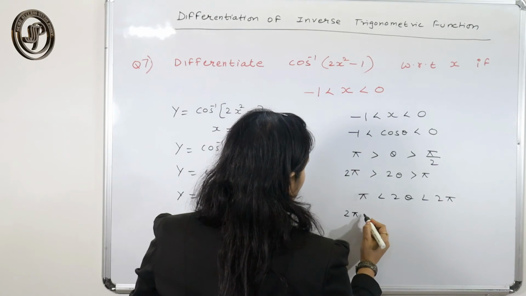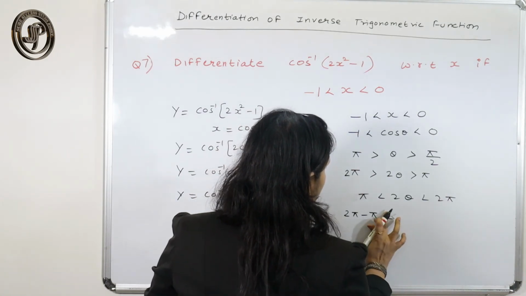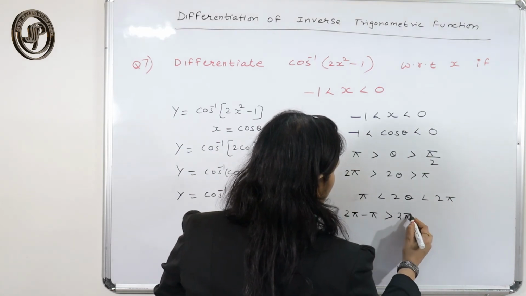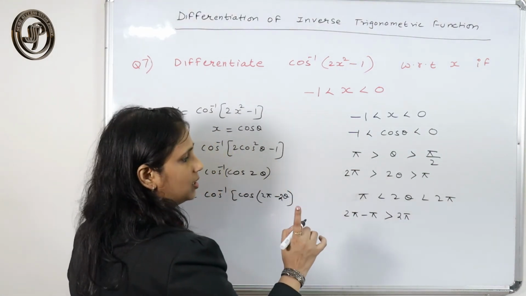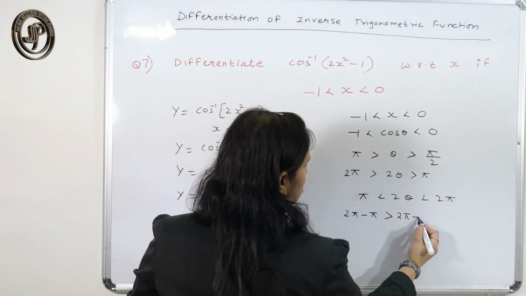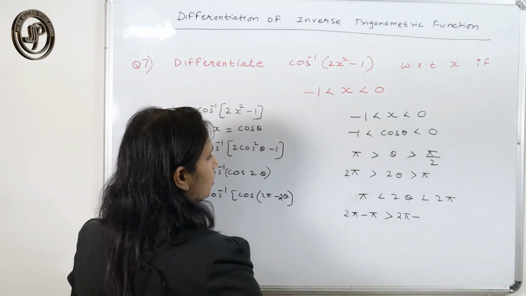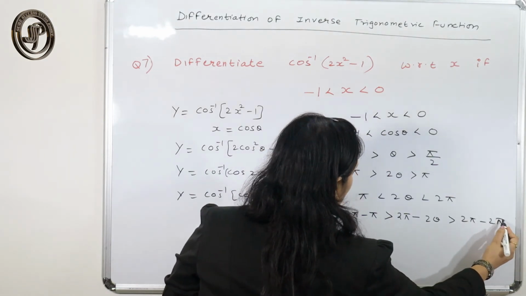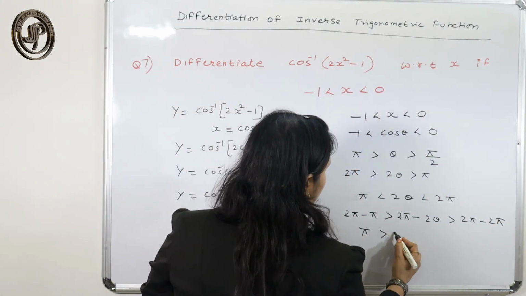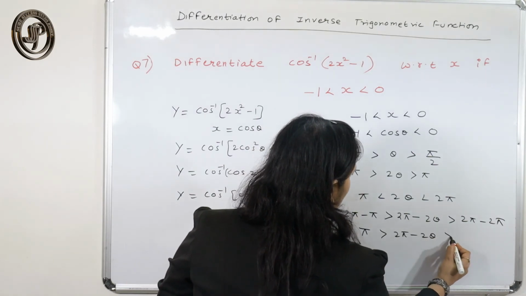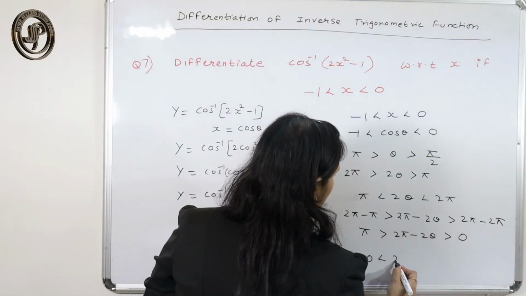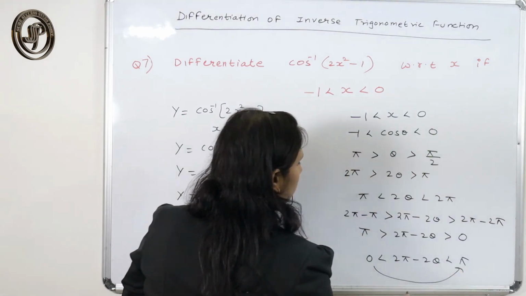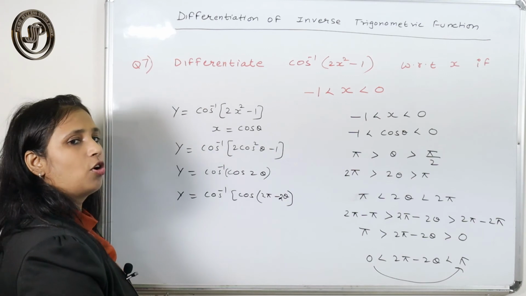Because the minus is coming, that's why this inequality will change. 2 pi minus 2 theta, here also 2 pi minus 2 pi. So here it comes pi, 2 pi minus 2 theta, and here 0. So 0, 2 pi minus 2 theta, pi. So that is coming under the range of cos inverse.